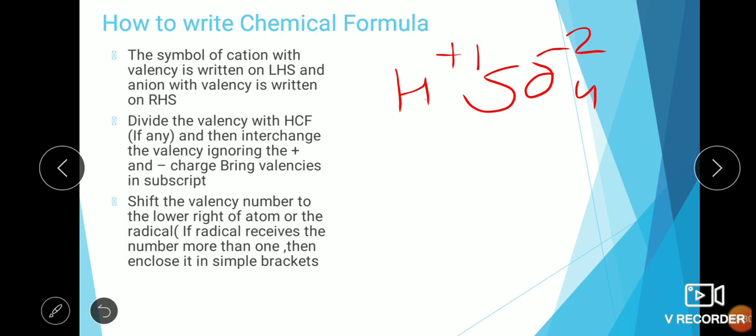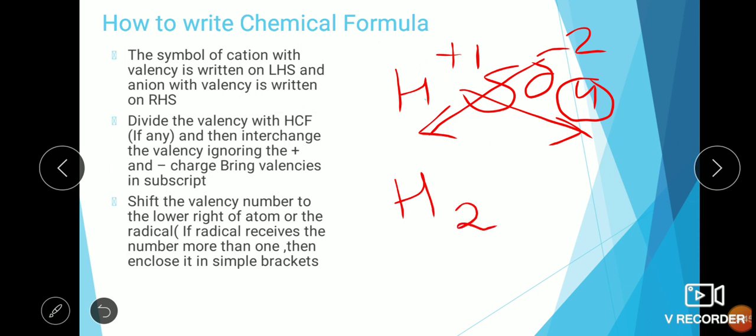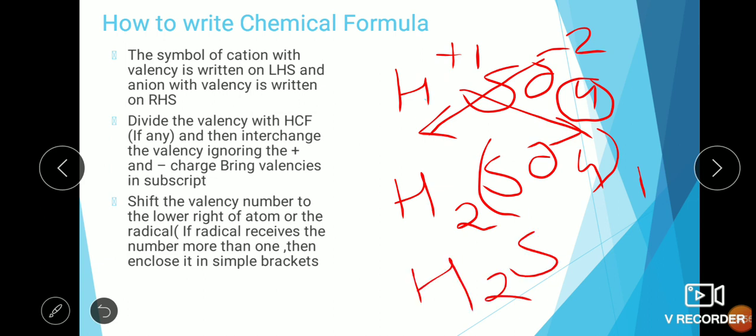Please remember, we only interchange the upper numbers, we do not change the subscript. So we will cross multiply, we'll bring 2 on the left hand side without the charge and 1 on the right hand side without the charge. As I have SO4 already, I'll put it in bracket and put 1. As 1 does not have any value, it is H2SO4.